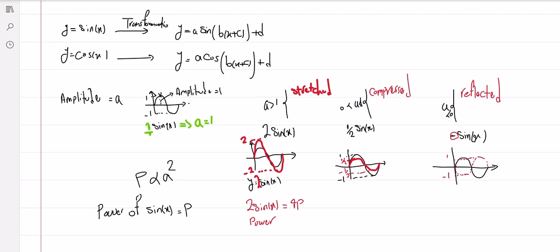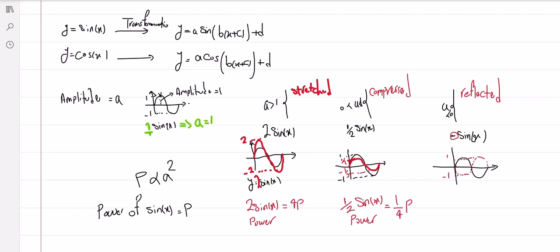So that means the power decreases to 1/4. So the power of 1/2 sine x is now equal to 1/4 of the power of the sine x.